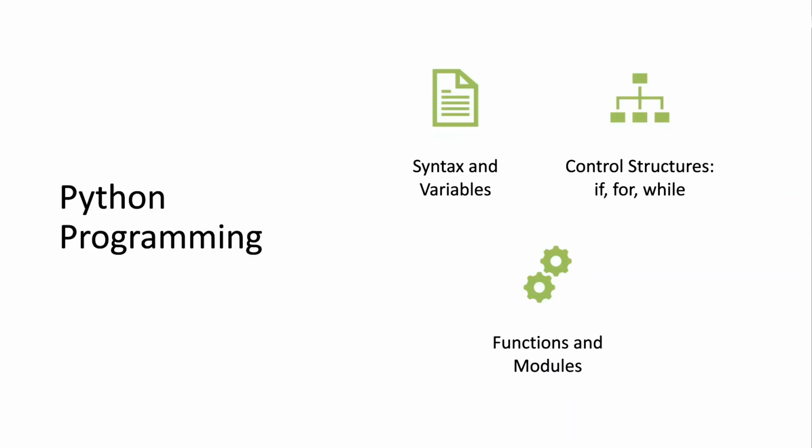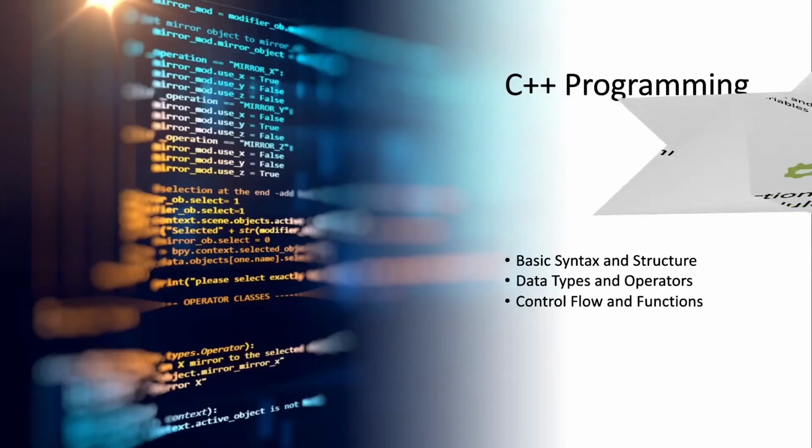In Python, you'll have a look at the syntax and variables, control structures, if, for, while, and such like things. And lastly, functions and modules. We'll also have a look at some applications of Python, like creating graphical user interfaces, web development, and such like things.